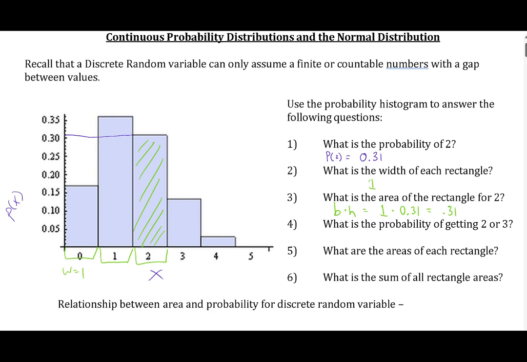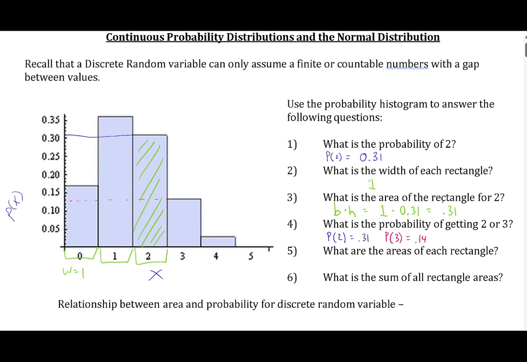So from here we can start looking at other examples, like how do we get the probability of a 2 or a 3? Well, if 2 is 0.31 and 3 is about 0.14, let me just color code this nicely. Probability of 2 is 0.31. The probability of 3 is about 0.14.